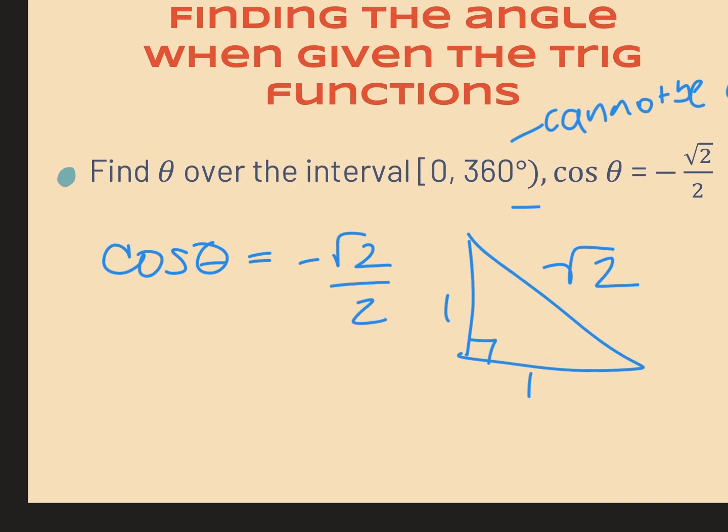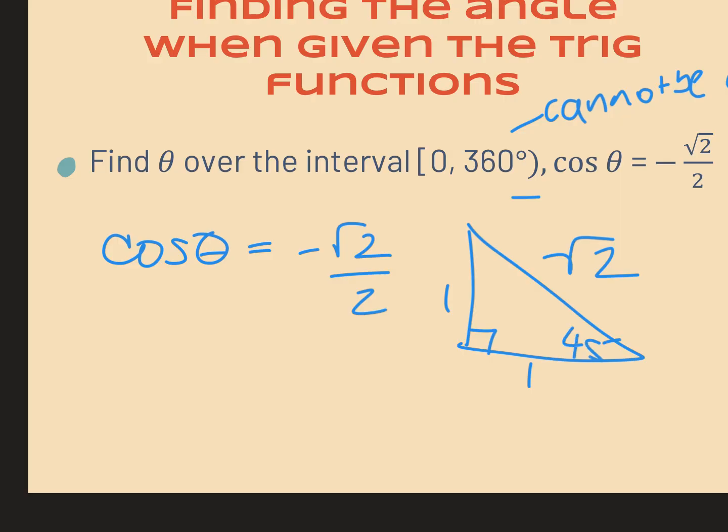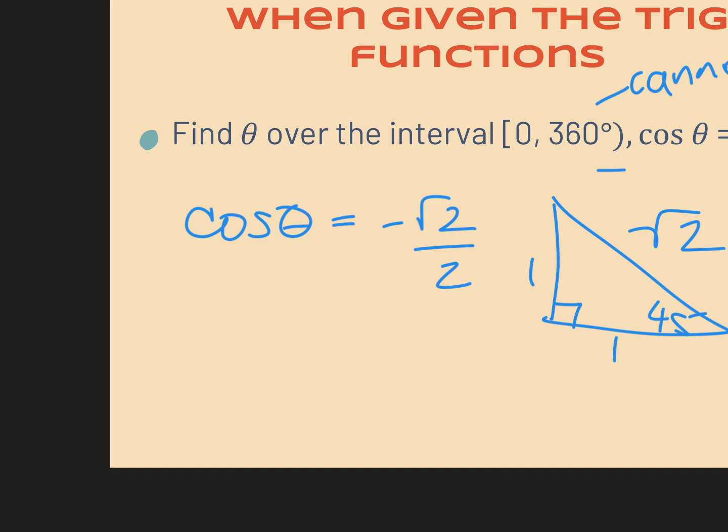So what we're going to do is work backwards. You can put the 45 anywhere. It doesn't matter, in either corner. What is cosine? What over what? Adjacent over hypotenuse, okay? The way that our triangle is drawn, we're not on our coordinate plane.